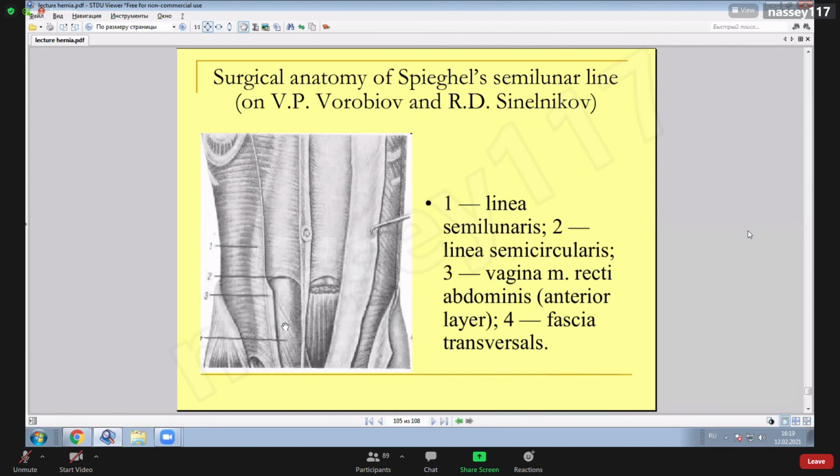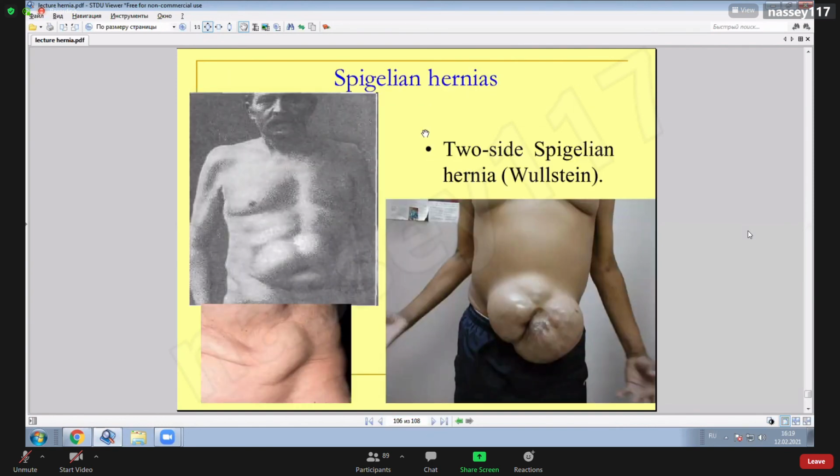And fourth, it's the fascia transversalis. Spigelian hernias demonstrate a two-sided Spigelian hernia, called by Wolstein, here one side and another side.